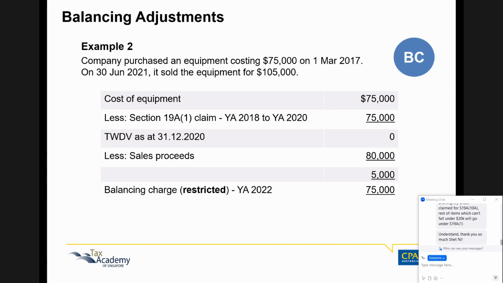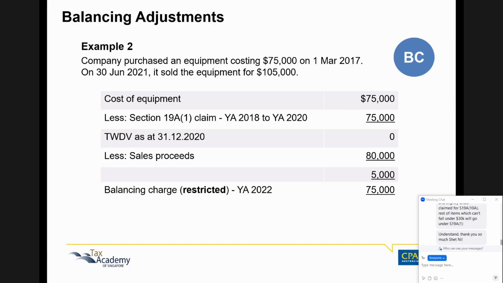Now I have this $5,000 extra. So my balancing charge is restricted.